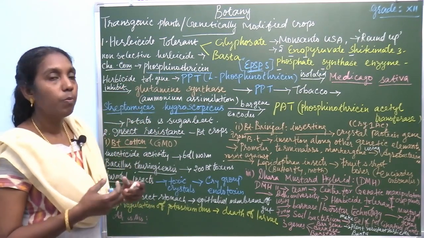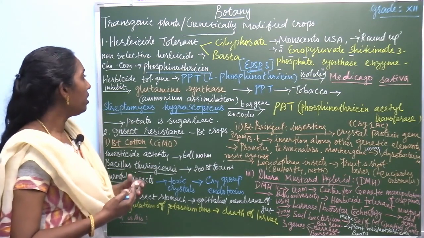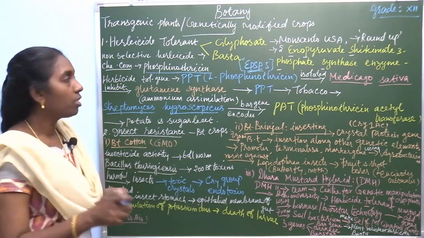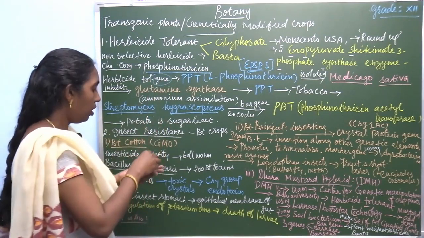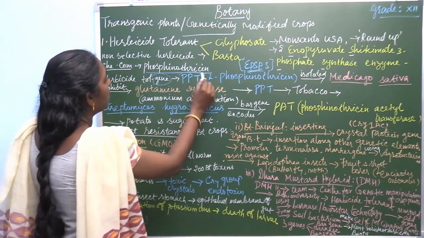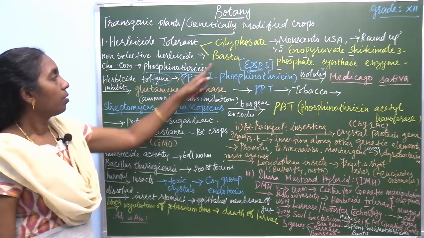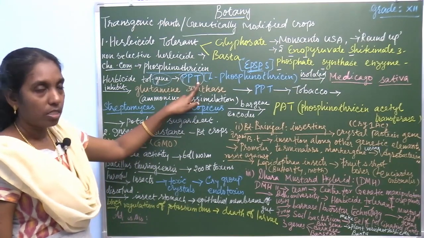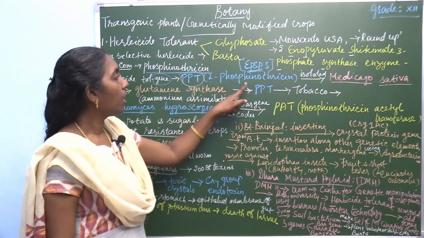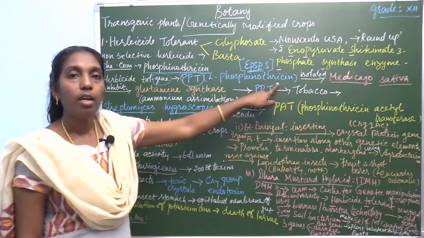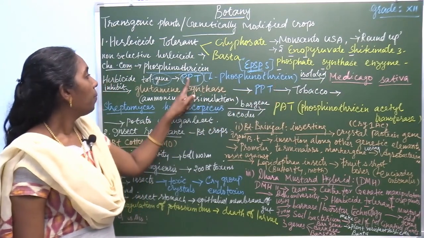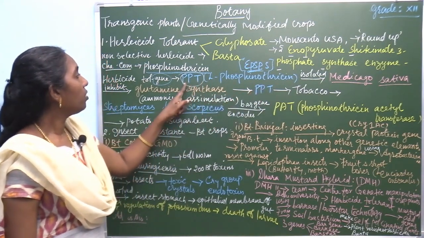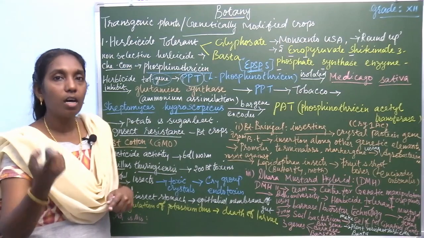So here the plant is modified by a herbicide tolerant gene. The herbicide tolerant gene for Basta is called PPT, which is known as L-phosphinothricin.